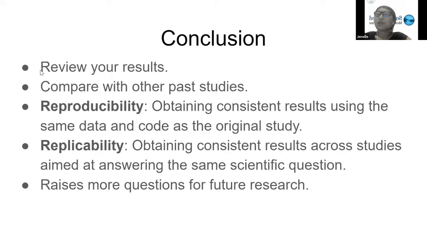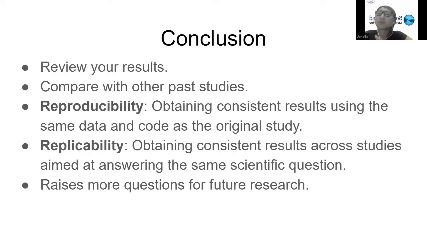So now is when we're reviewing our results. This is when we are comparing it with other past studies that have done a similar type of experiment or anything like that. But the two main terms to look out for are reproducibility and replicability. So these are really important, I guess, for when you're doing experiments.